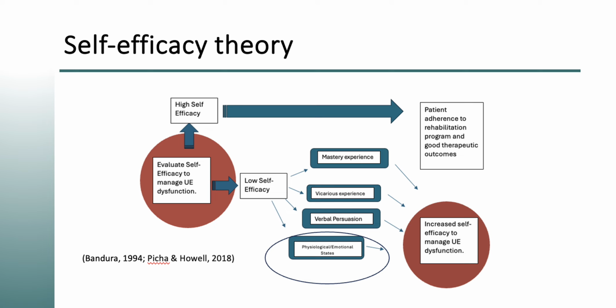So to summarize, this framework offers occupational therapists a way to enhance patient rehabilitation adherence by manipulating the 4 experiences to increase self-efficacy in completing therapeutic tasks. And the therapist can do this by engaging in further questioning to determine which of the 4 types of self-efficacy experiences to focus on to increase self-efficacy to manage an upper extremity dysfunction.